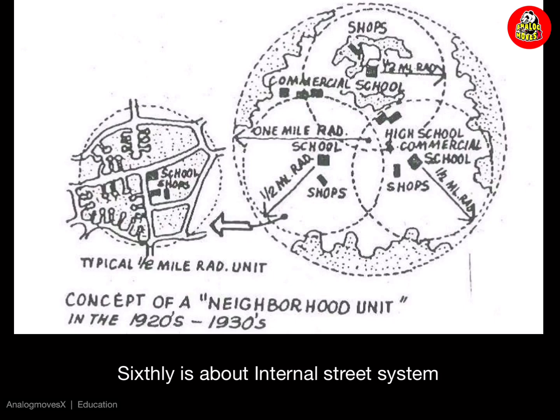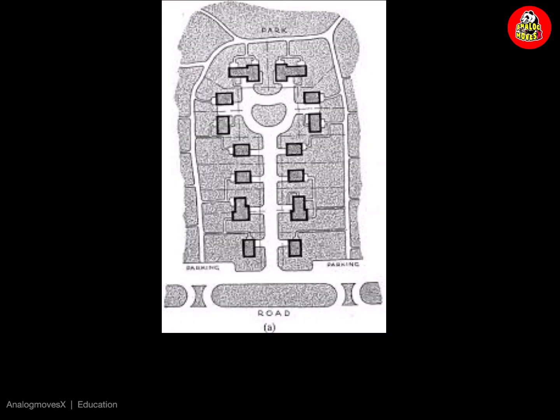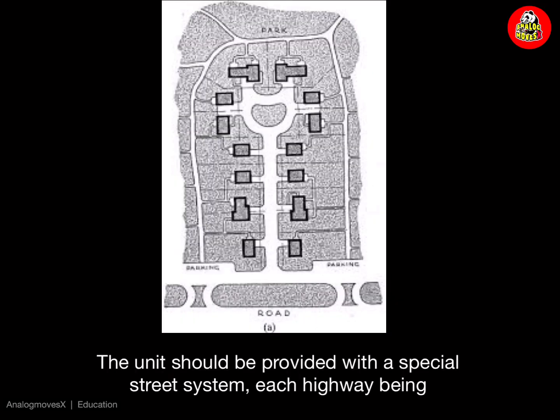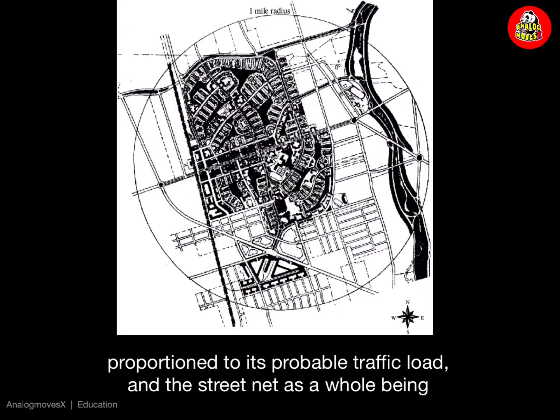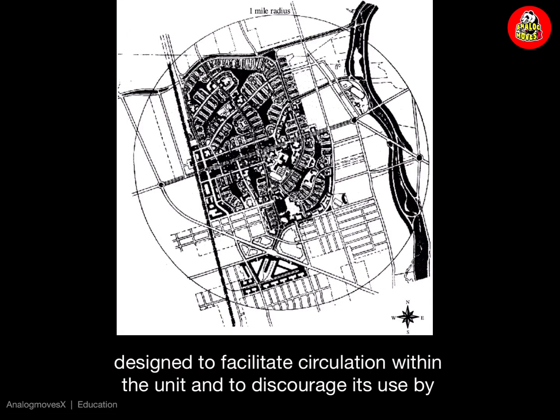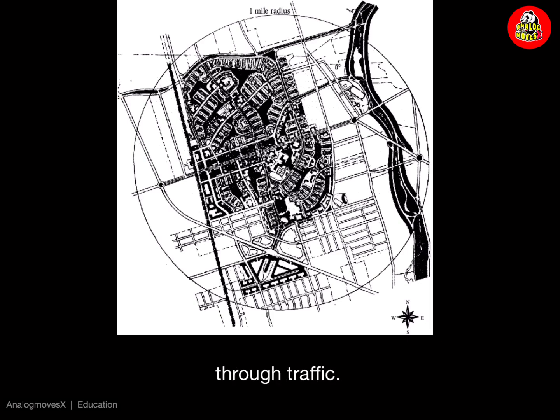Sixthly is about internal street system. The unit should be provided with a special street system, each highway being proportioned to its probable traffic load, and the street net as a whole being designed to facilitate circulation within the unit and to discourage its use by through traffic.